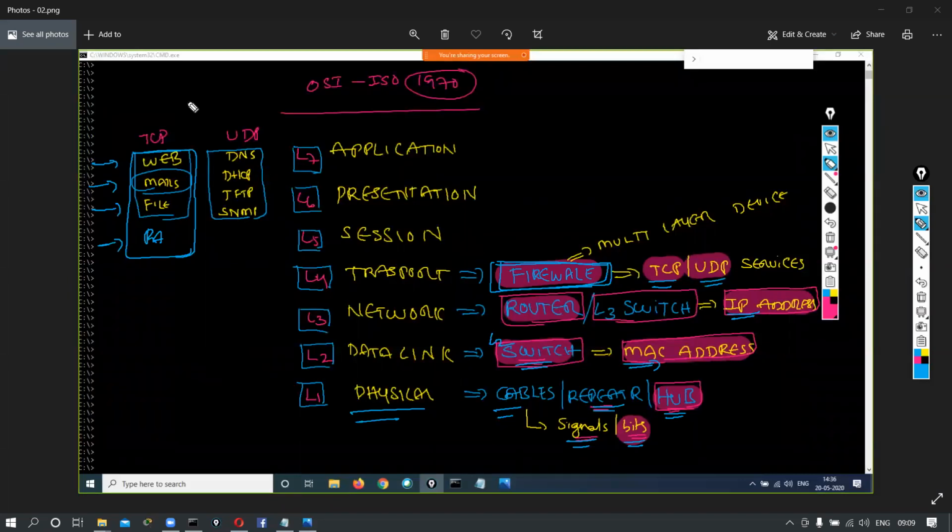Clear now? What does the UDP box consist of? DNS, DHCP. We will discuss all these things, don't worry, we have a separate class for IP services. We'll discuss what DHCP and DNS mean, and also TFTP and SNMP. All these services will be carried by the UDP box.